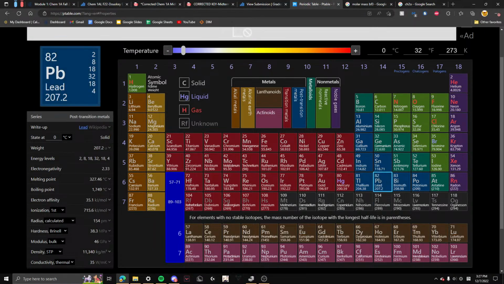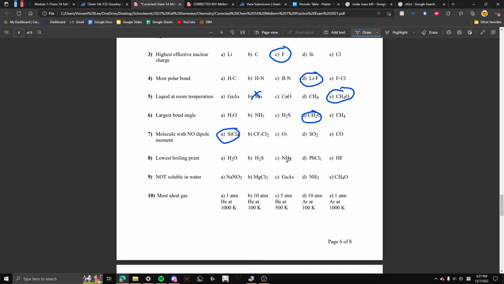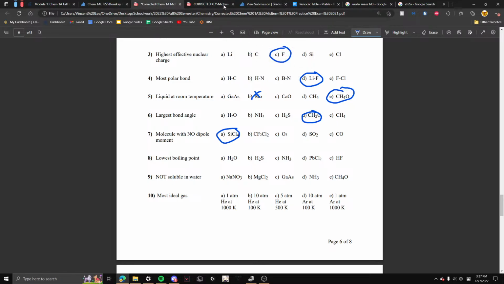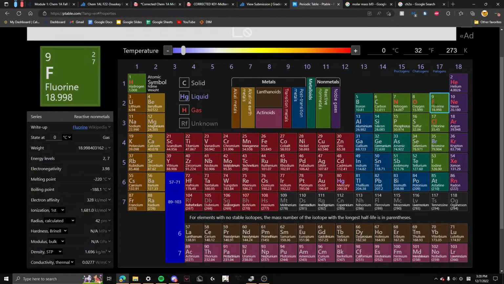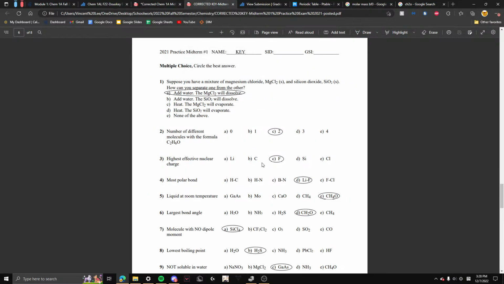Also, lead is extremely heavy, so I would assume it's also going to have a terribly high boiling point. And then HF, is that hydrofluoric acid? I think so. It has H bonds as well because hydrogen bonds are FON, so I think it can also H bond to itself. So I would assume it would be this because it has the lowest intermolecular forces.